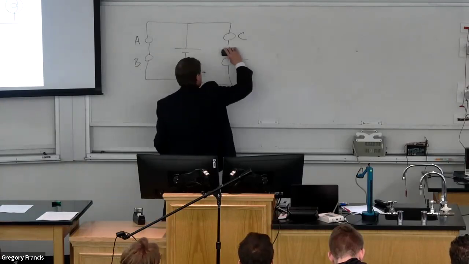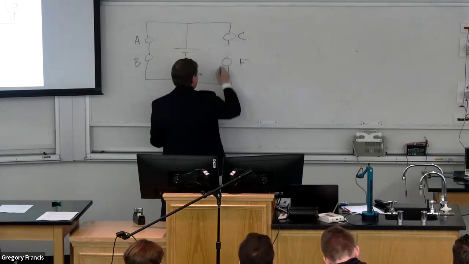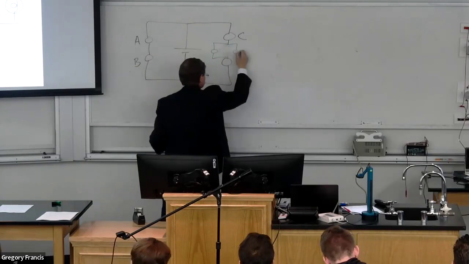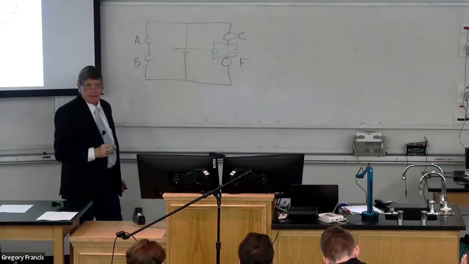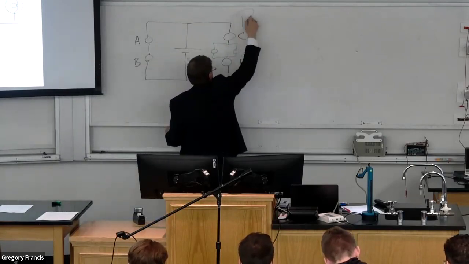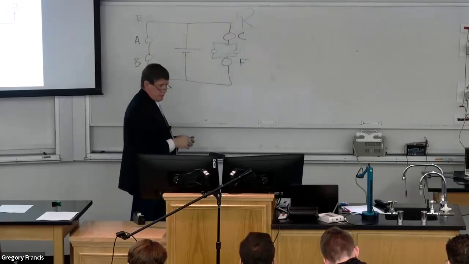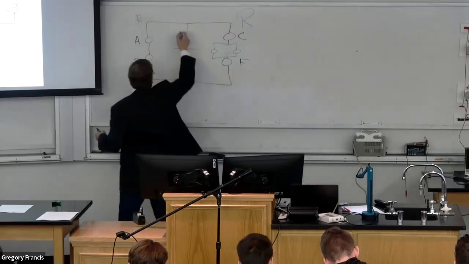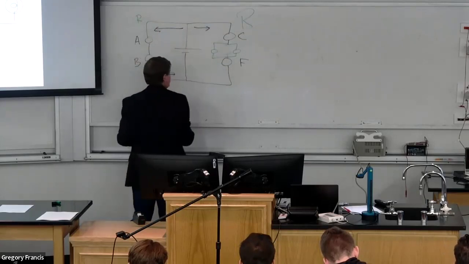I've got to break this line, shutting off these two bulbs, and shove these two in that branch. And so that means that this is going to be the big resistance, and this is going to be the little resistance, so that when the current splits, it's going to split with more than half going this way and less than half going that way.